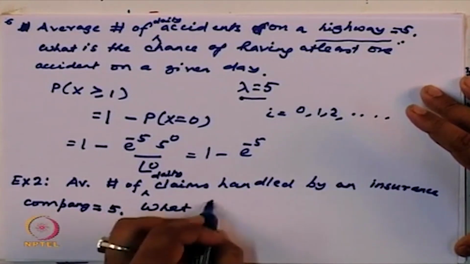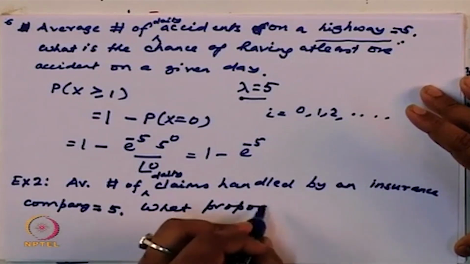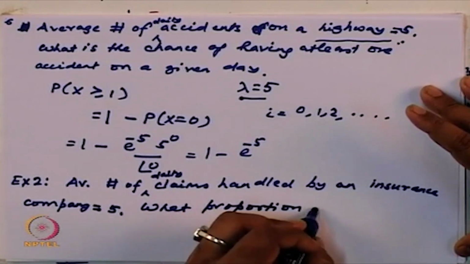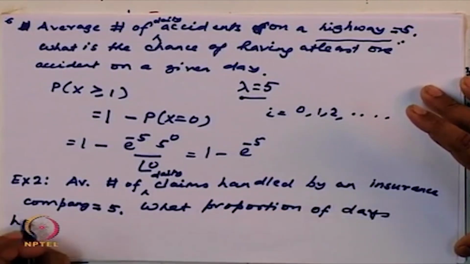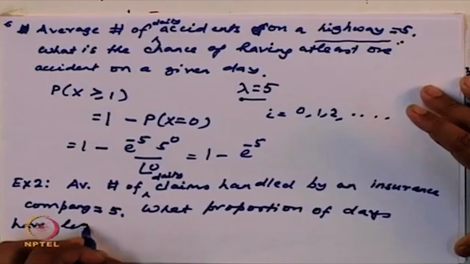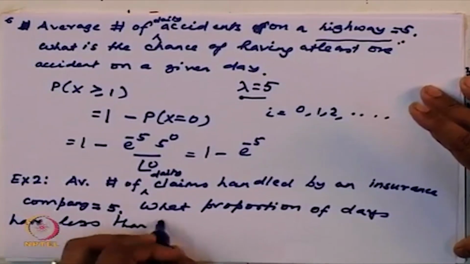What proportion of days have less than 3 claims?